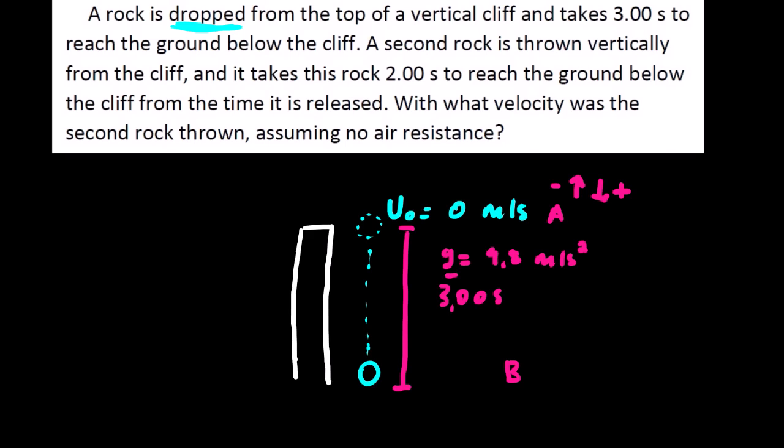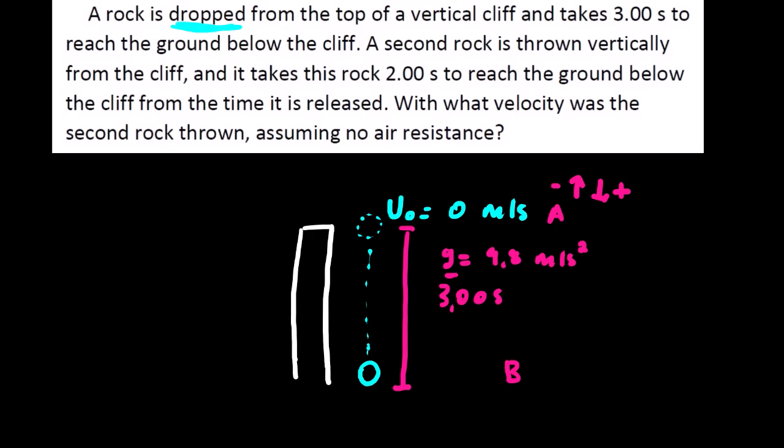And then when you continue, a second rock is thrown vertically from the cliff, and it takes this rock 2.00 seconds to reach the ground below the cliff from the time it is released.